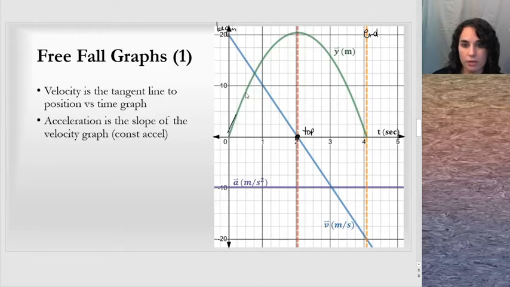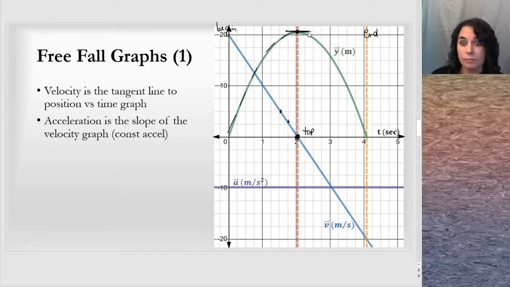So when I think about the tangent line along here, it's steep to begin with, which corresponds to a large value. But as I move along this graph and towards the top, the value gets smaller and smaller.